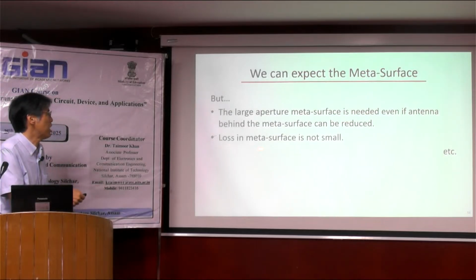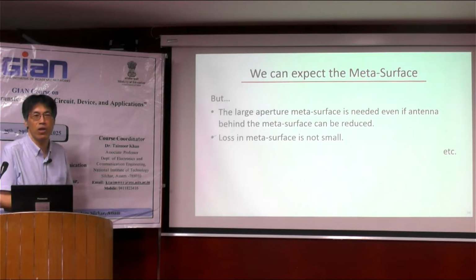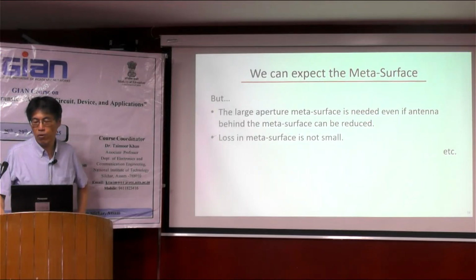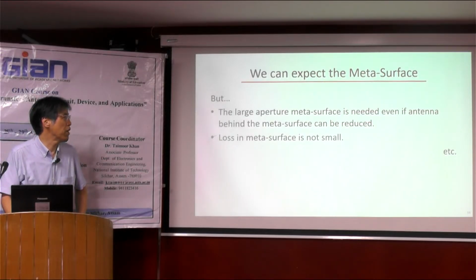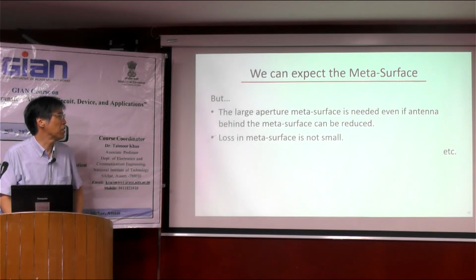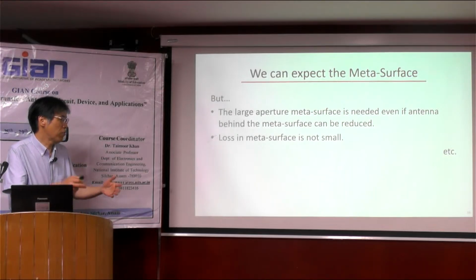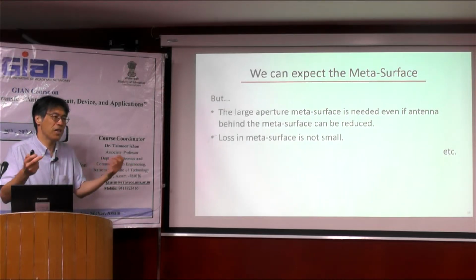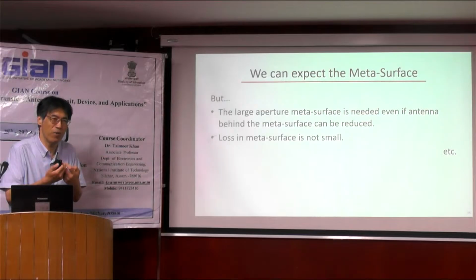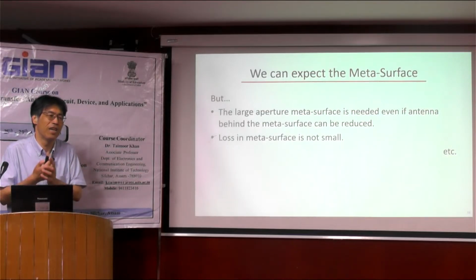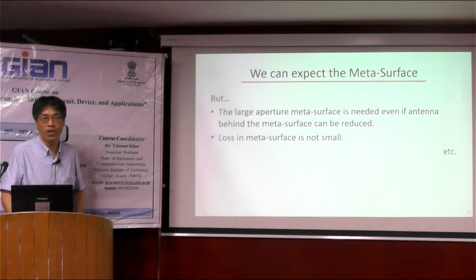And additionally, there is very high loss in the metasurface. So, of course, in the near future we can expect the metasurface, but there are some problems now. At the end, we need a real metasurface with a small antenna. It's not good, I think.